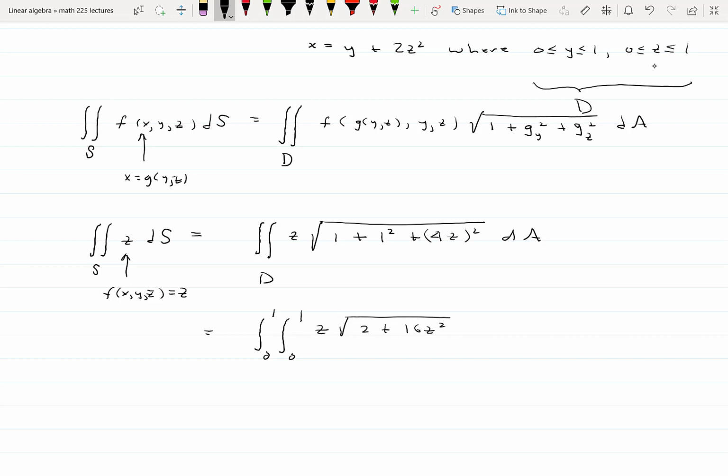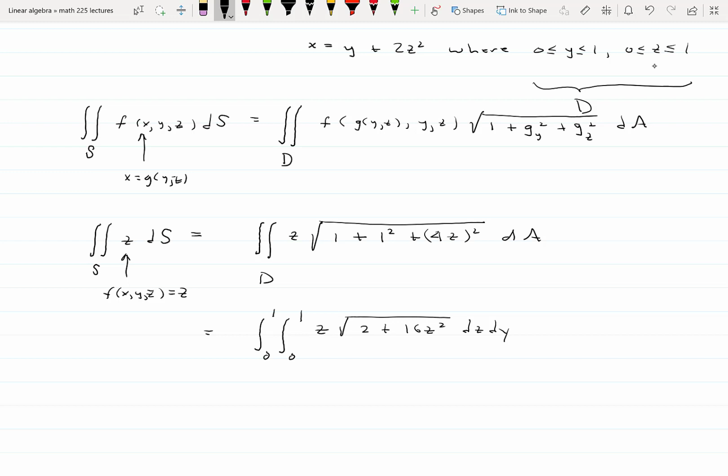We're integrating with respect to z and with respect to y. The order of integration is not important since the limits are constant. So we don't have to worry about whether it's a type 1 or type 2 region or whatever. I'm not going to integrate this one on camera.